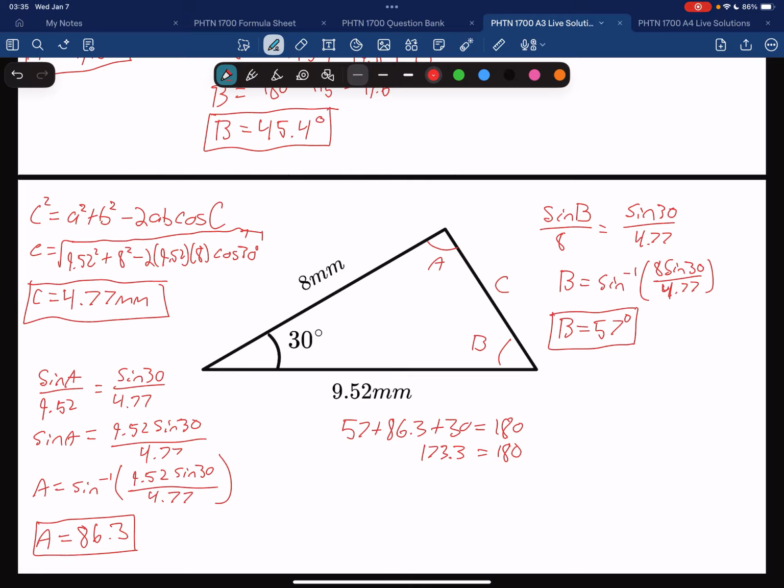And that's not just because of rounding. This is because of how the periodic functions work. And this is because the angle A is actually greater than 86. It's actually greater than 90.